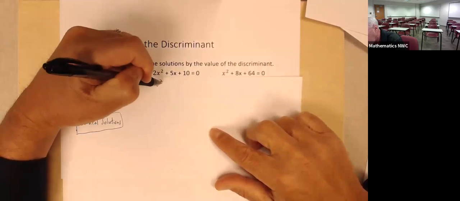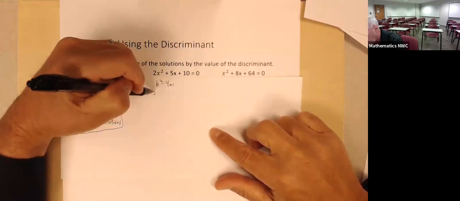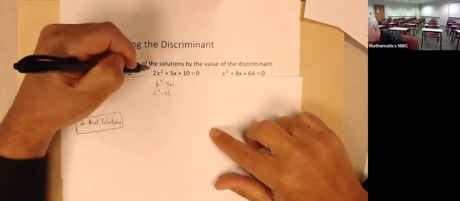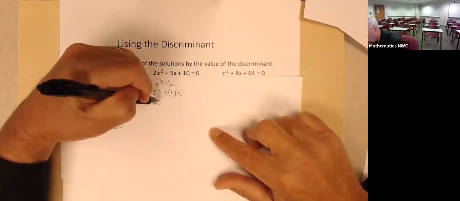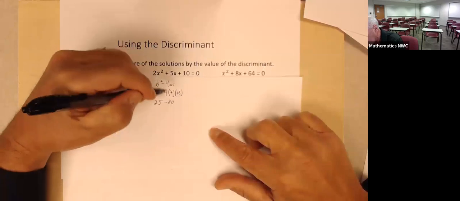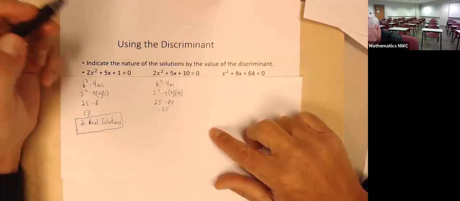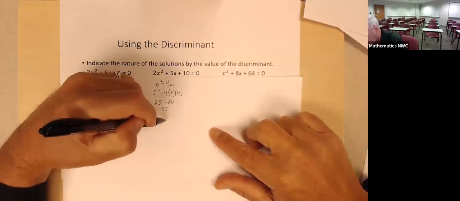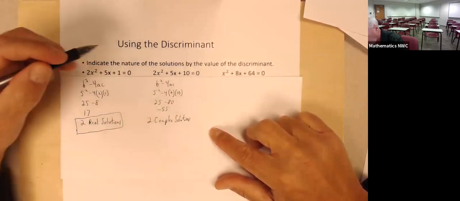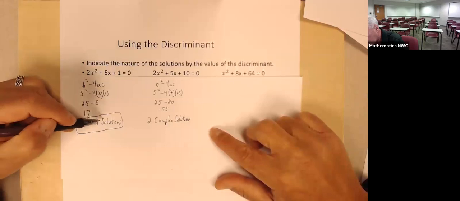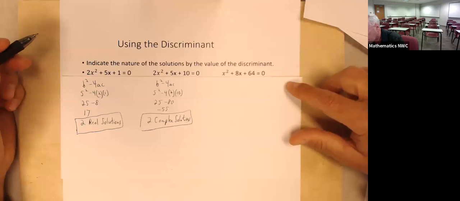Take the discriminant again. b squared would be 5 squared minus 4 times a, which is 2, times c, which is 10. Get 25 minus 80. That turns out to be a negative 55. Because it's negative, I have 2 complex solutions. When it was positive, like 17, I had 2 real. Negative, I have 2 complex. That would be my answer.